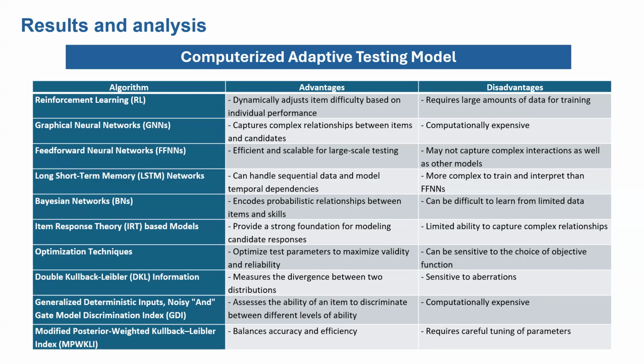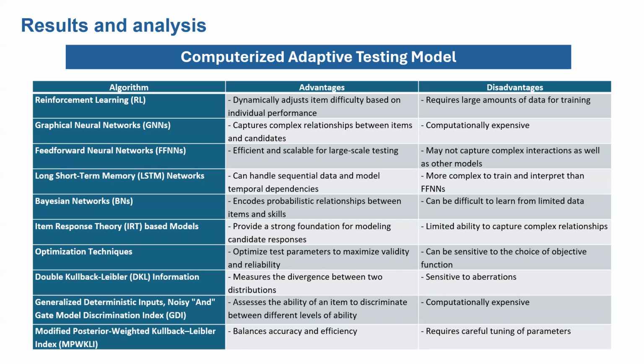Computerized adaptive testing models. The table compares different algorithm approaches using computerized adaptive testing for item selection. The choice of the optimal selection algorithm depends on several factors such as the availability of data, the complexity of the relationship to be modeled, and the computational capacity available.